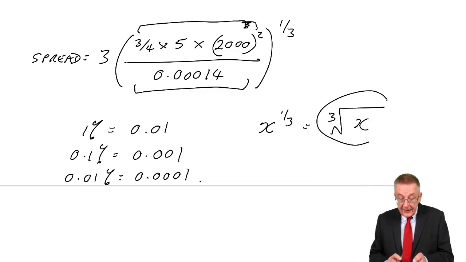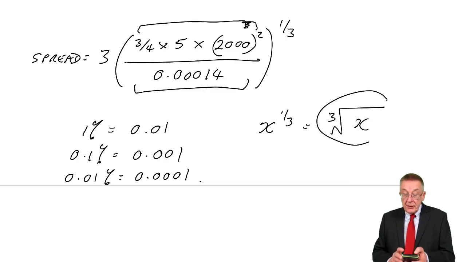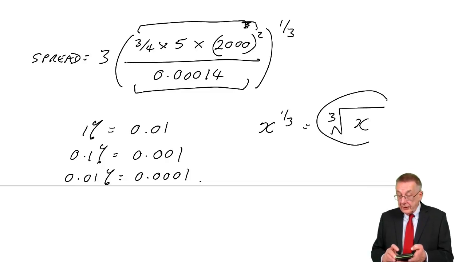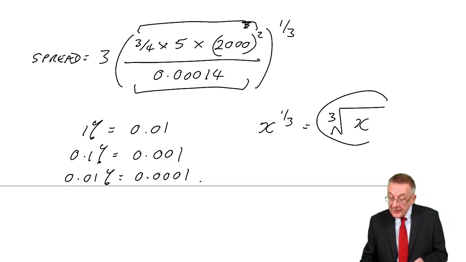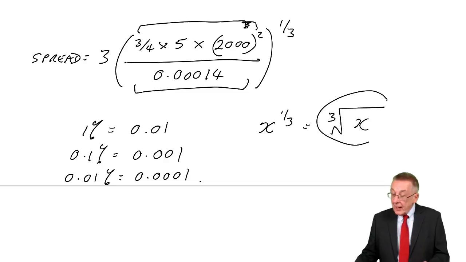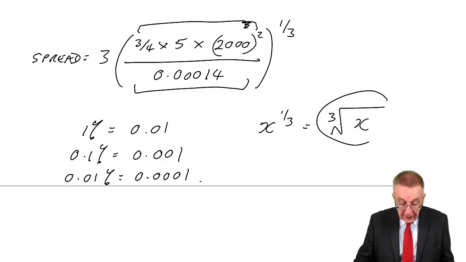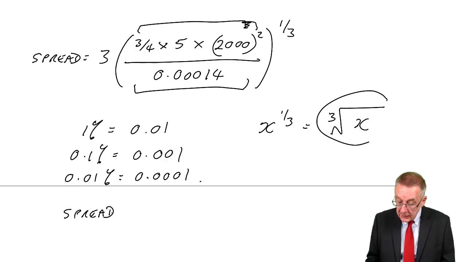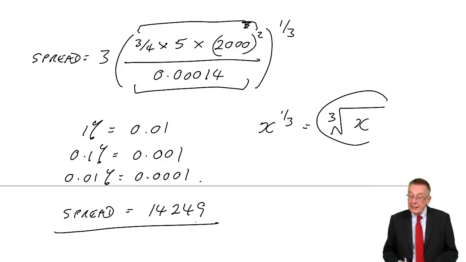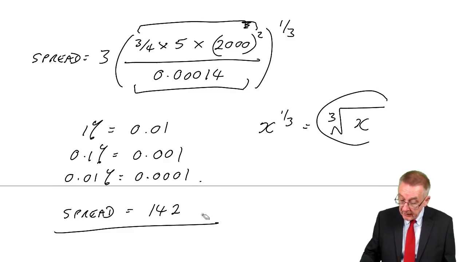To the power 1/3, so x to the power y, point 1/3 is 0.3333333, equals, times 3. And I get, and it does take some practice with your calculator, so make sure, I get the spread equal to 14,249. 14,250. In fact, I'll call it 14,250. I'm not going to mess around with 1.